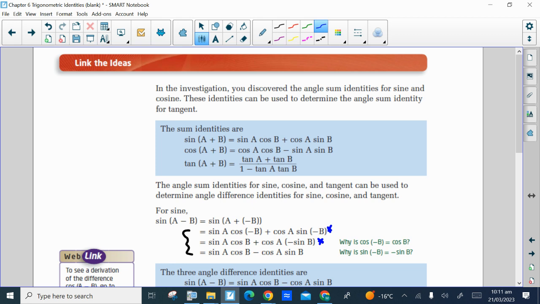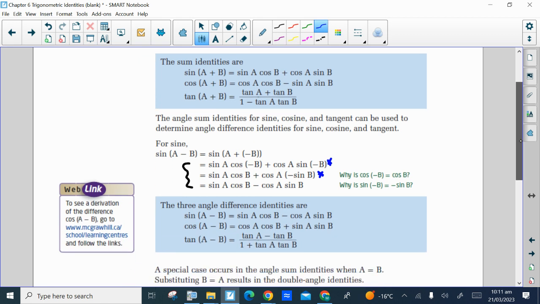Okay? But the sine in the fourth quadrant is negative. So that's why this sine of negative b became negative sine of b, which made this negative cosine a sine b. Now again, you don't have to remember that because you're given the sum and difference identities on the formula sheet. But that's where those difference identities come from.